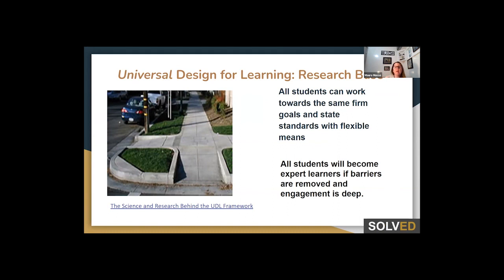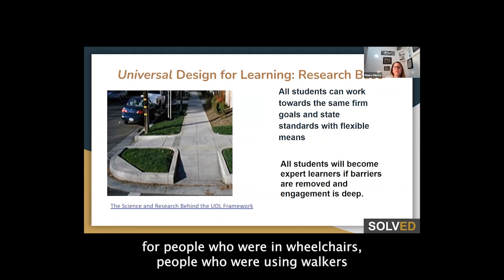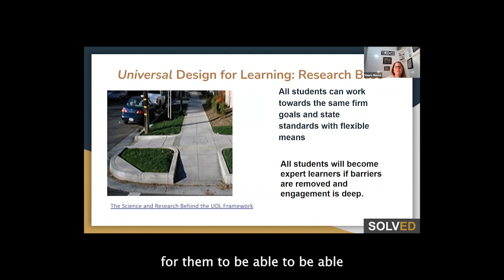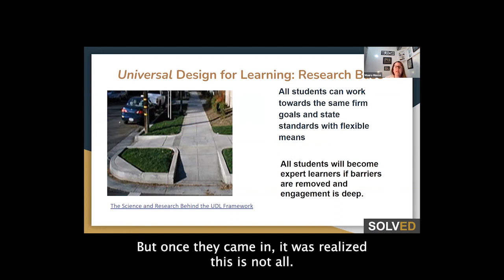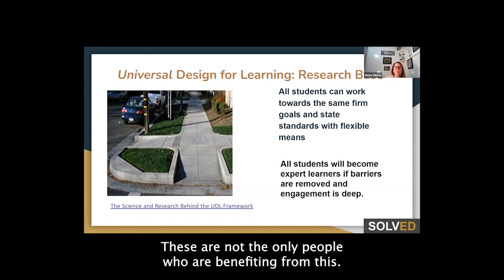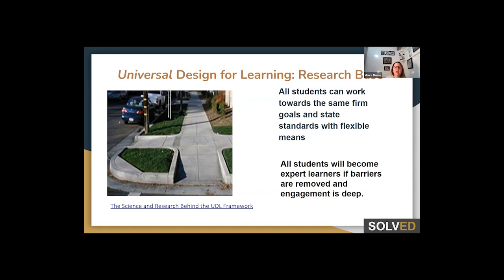this bump. And it was necessary for people who were in wheelchairs, people who were using walkers, for them to be able to transition from street to sidewalk. It was a necessary thing for them. But once it came in, it was realized these are not the only people who are benefiting from this.